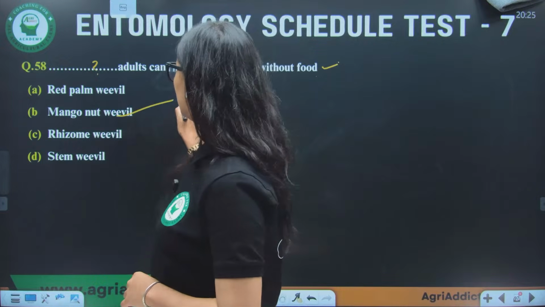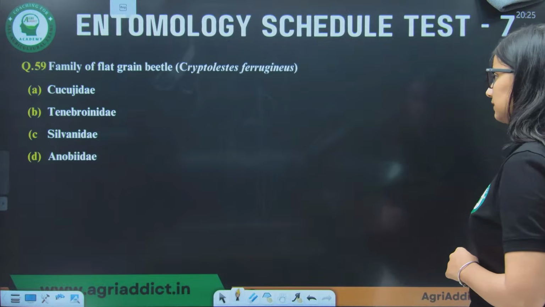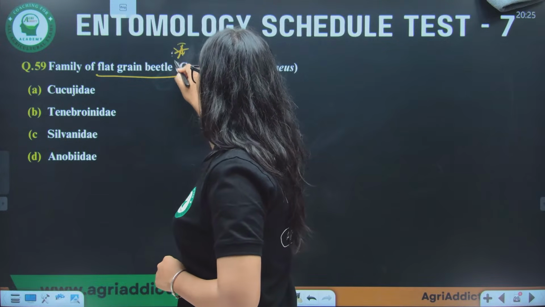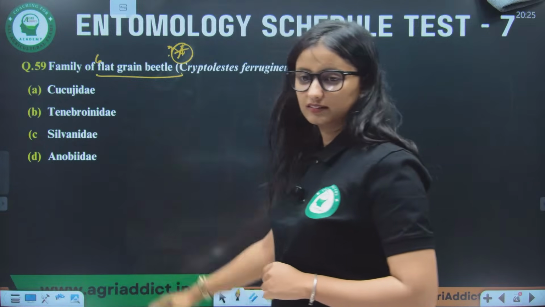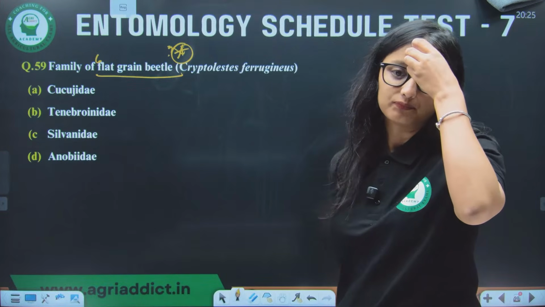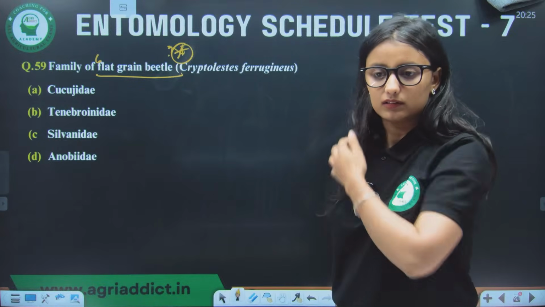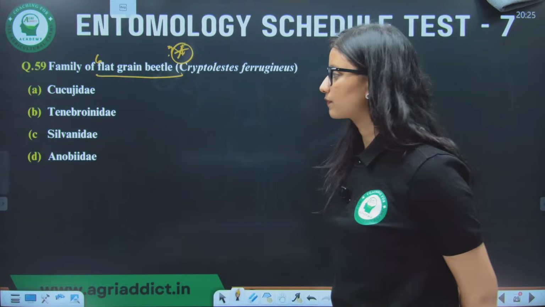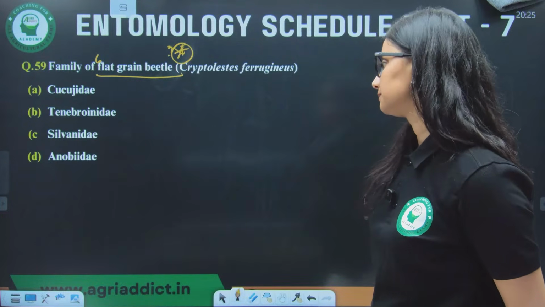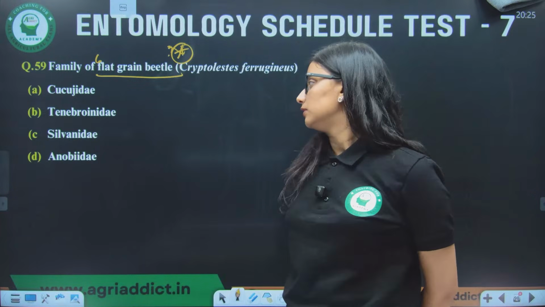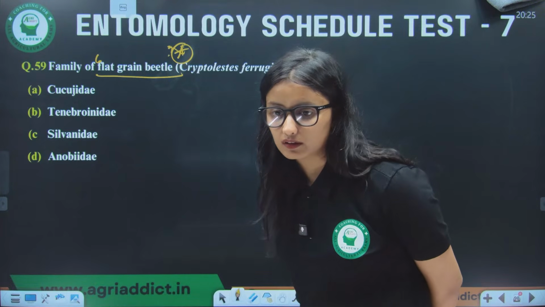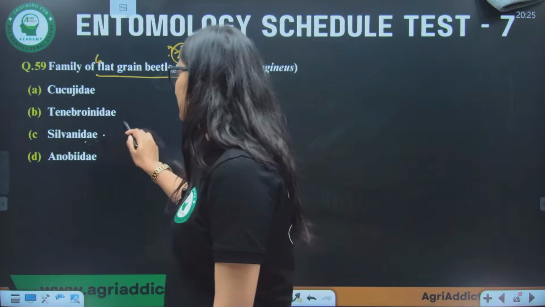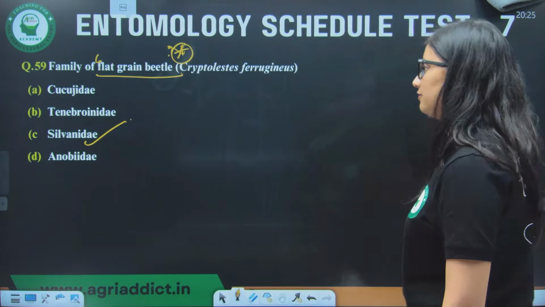So mango nut weevil is the correct answer. Family of flat grain beetle. Is it A? No. Sylvanidae is the correct answer. The family of flat grain beetle.